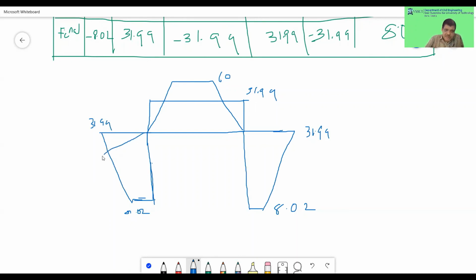So you can draw these values. At the center this value becomes 24, and here also you will find 24, something less than this value.